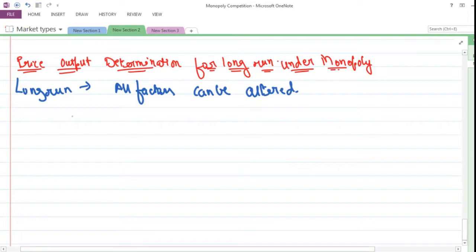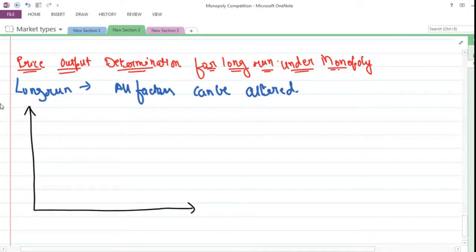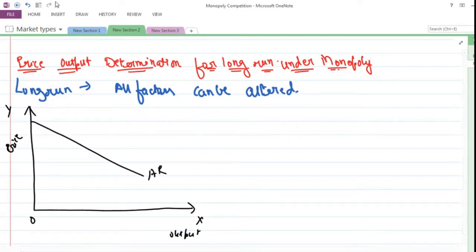So let's draw a diagram for this. Here we have the x-axis showing output, the y-axis showing price, and the point of origin. We have the AR curve, and we have the MR curve.